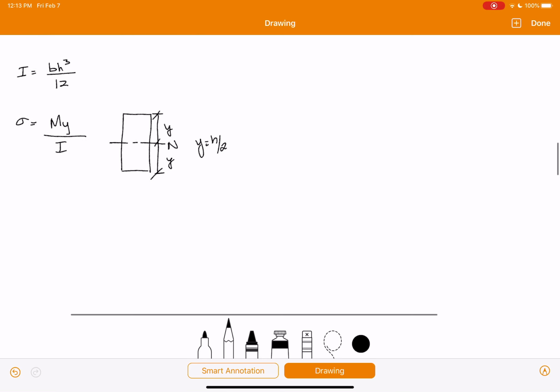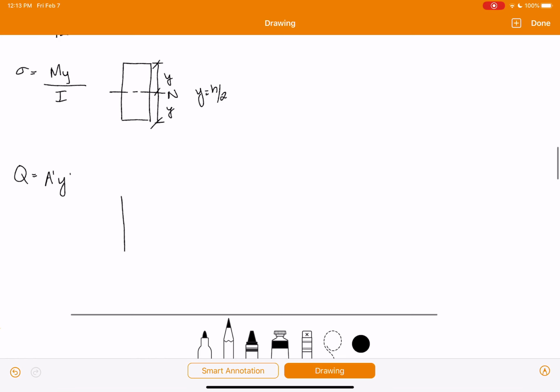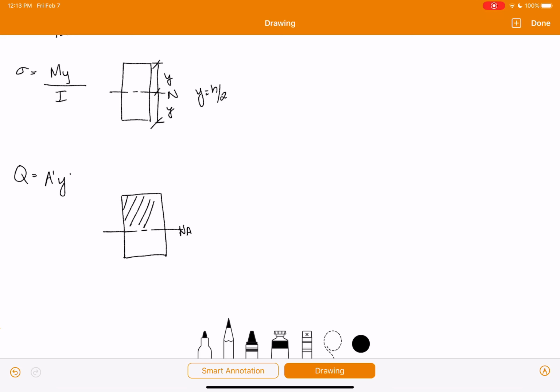All right, and then we can go in and find our Q, which is like the first area moment of inertia. And what that's going to be is this A prime times Y prime. So if we're looking at our cross section, we're again going to have our neutral axis. All right, so you're going to take this area here. That's going to be your A prime.